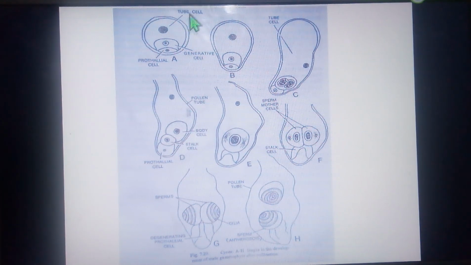The tube cell will elongate, break the exine and form a pollen tube, whereas the generative cell will enlarge in size and divide to give rise to a stalk cell and a body cell. And here a body cell is often called a spermatogenous cell. Remember this, that a body cell is also referred to as a spermatogenous cell.